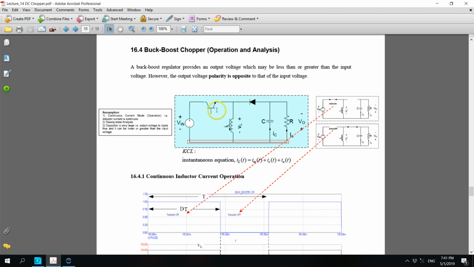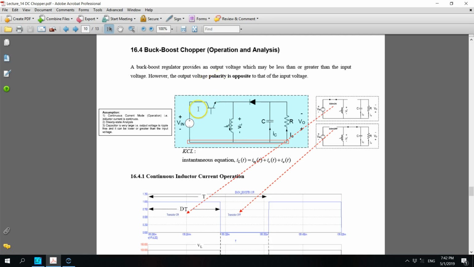As for the arrangement of the circuit components, we have the switch, the high switch, connected to the input voltage, and the inductor is connected there. Then the diode is now in reverse arrangement from what we had before: the cathode is connected to the input side, and the anode is connected to the output side.